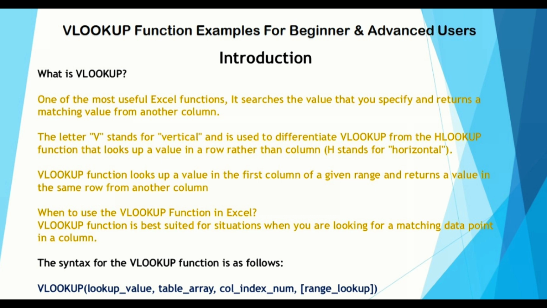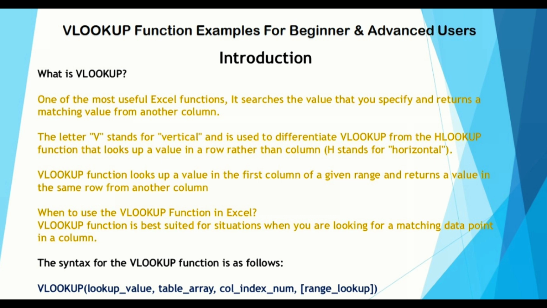The letter V stands for vertical, which differentiates it from HLOOKUP, where the H stands for horizontal lookup. So today we are going to look up a value through a VLOOKUP, that is vertical lookup.